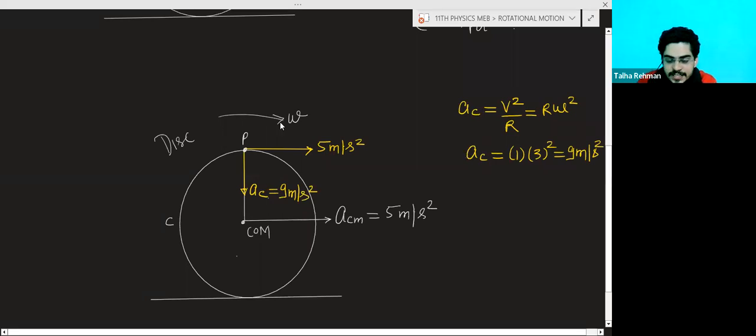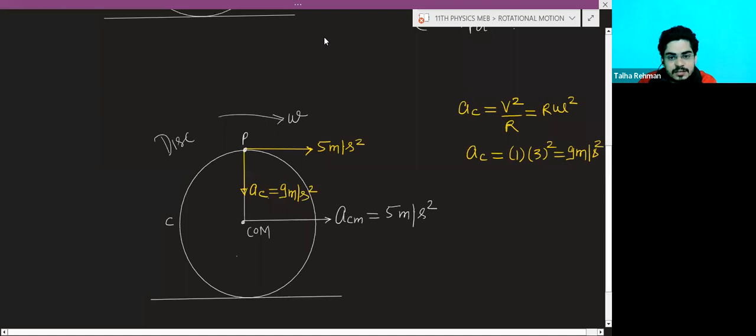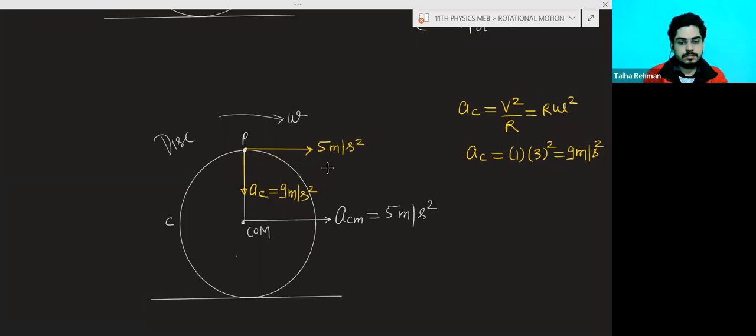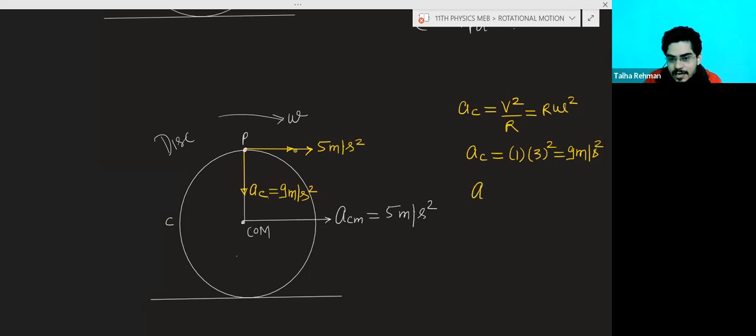Now there is tangential acceleration, and it will be in this direction, because this is radius and this is tangent. There is a relation between tangential acceleration and angular acceleration: r alpha.